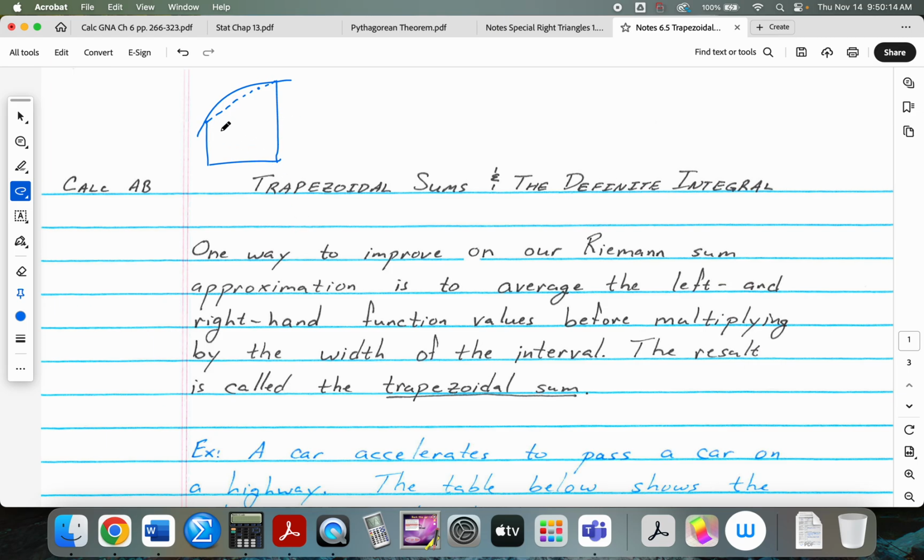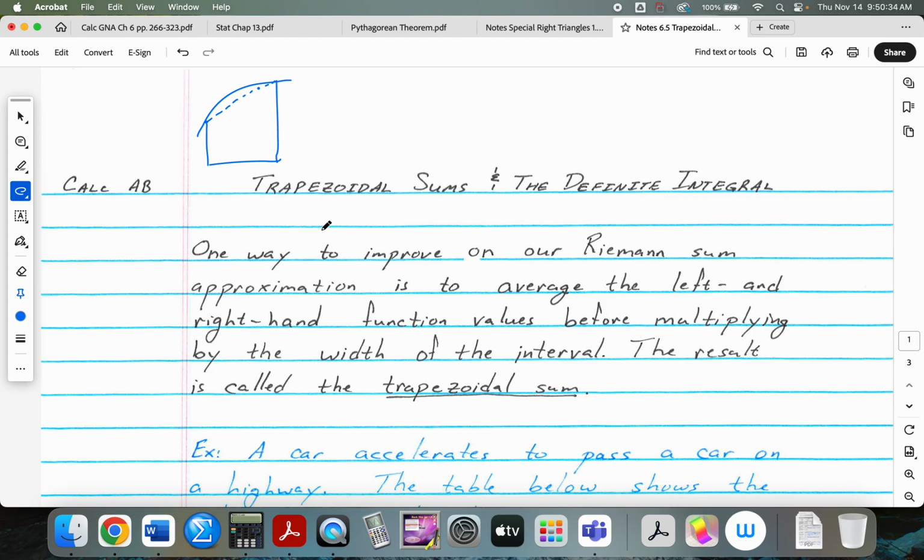And we average these two heights together, right? Which kind of makes sense intuitively. It's like, oh, well, this one's too low, this one's too high, this one should be at least somewhat better if I average those two together. So that's called a trapezoidal sum.